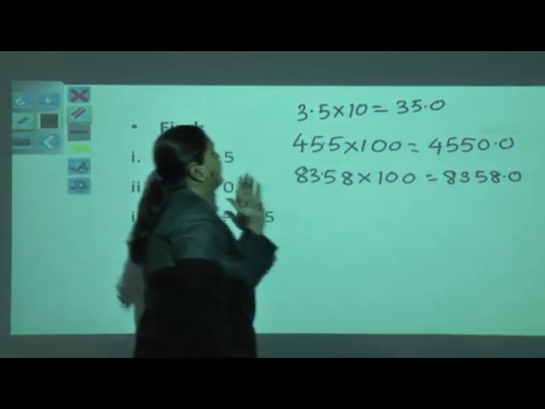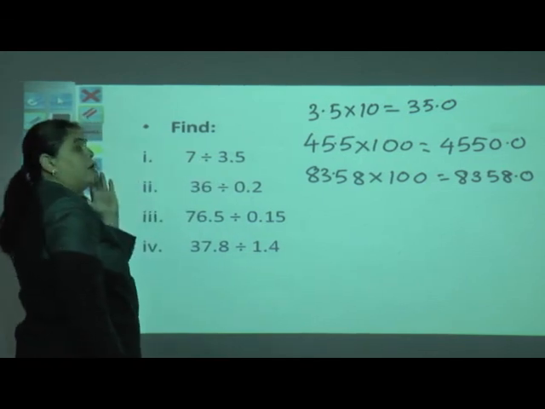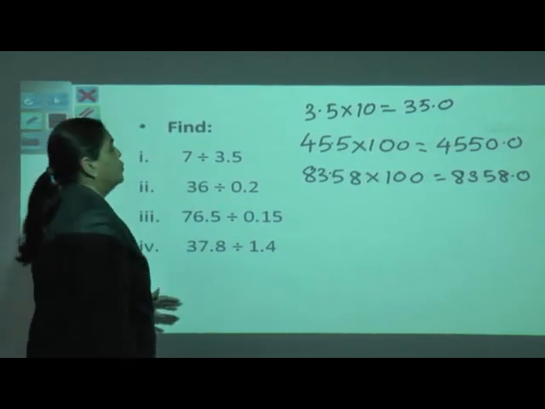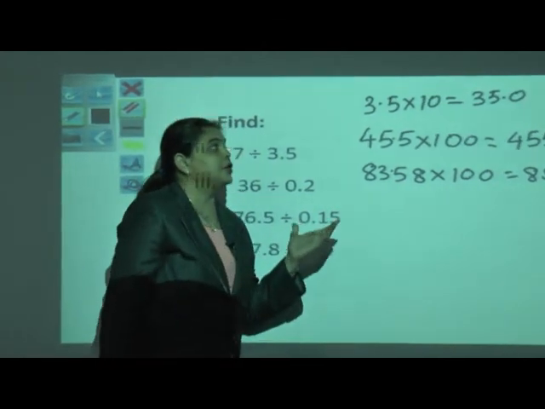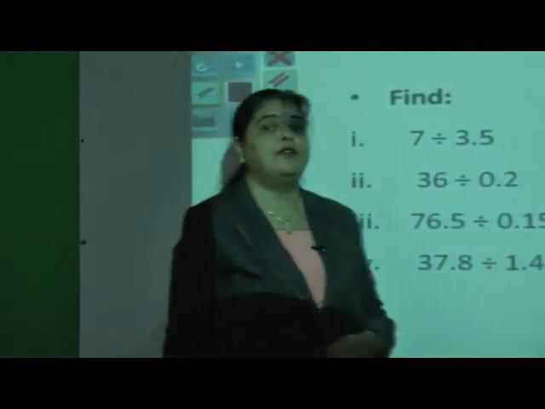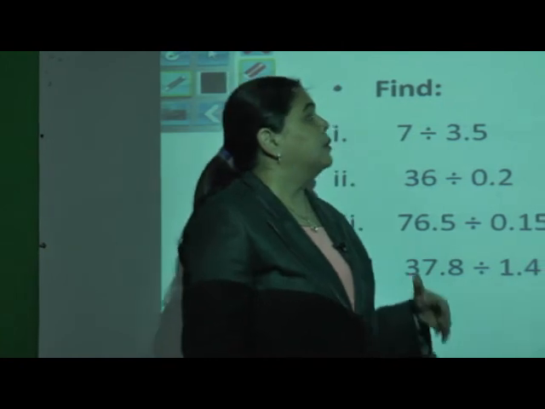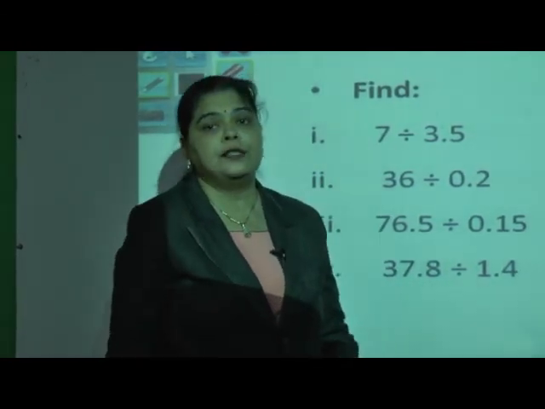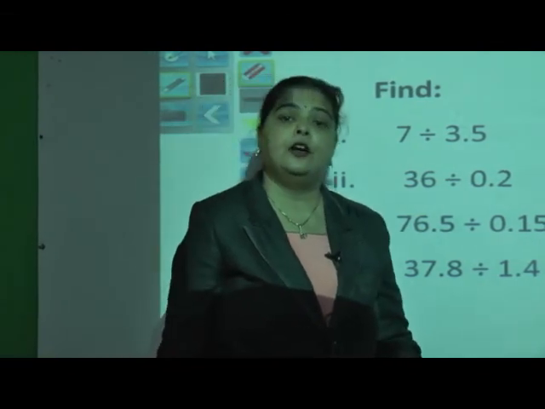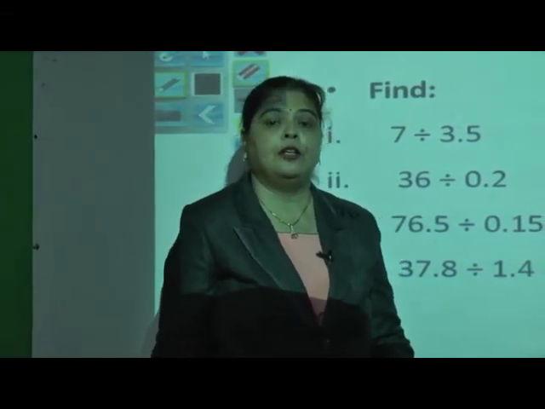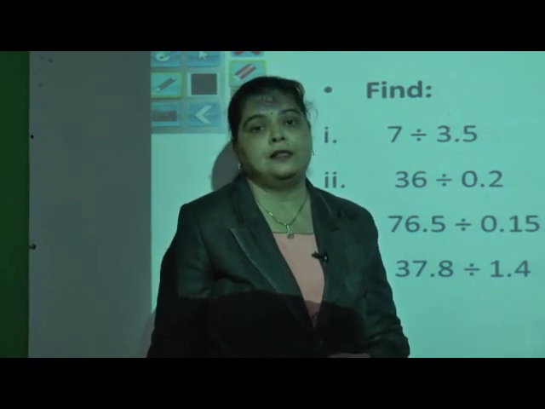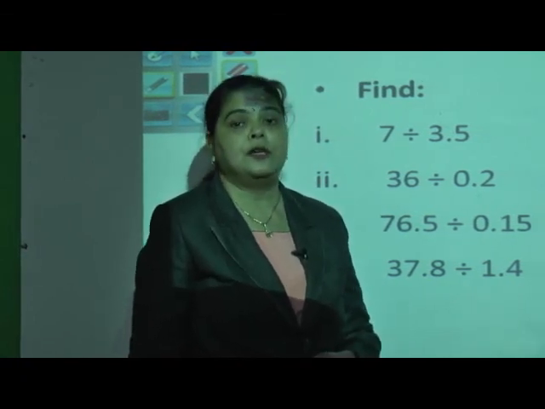When it is a division, we have to go to the backward side, or we can say to the left hand side. So we recalled the multiplications of a decimal and the divisions of a decimal by a whole number, even a fraction or even a decimal.